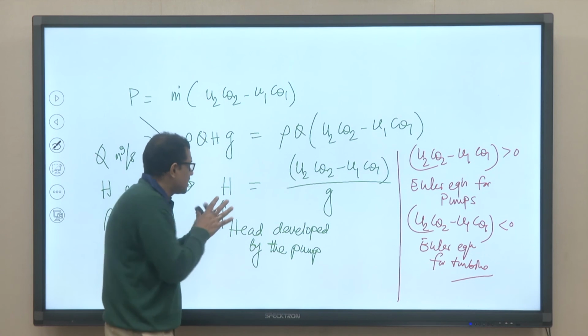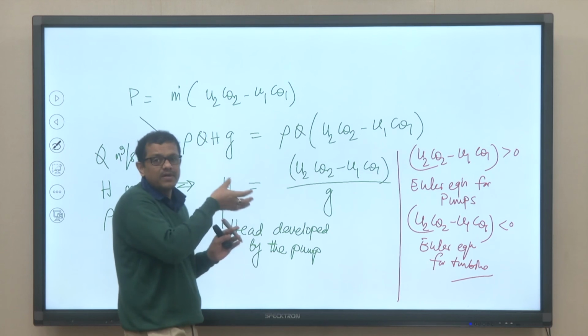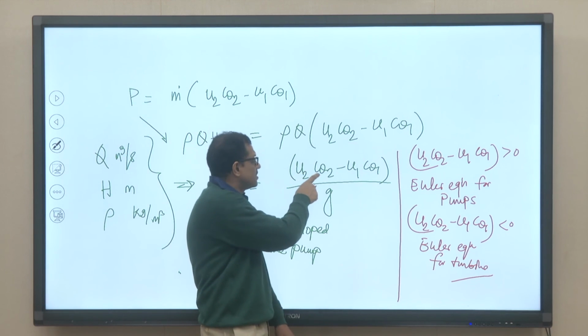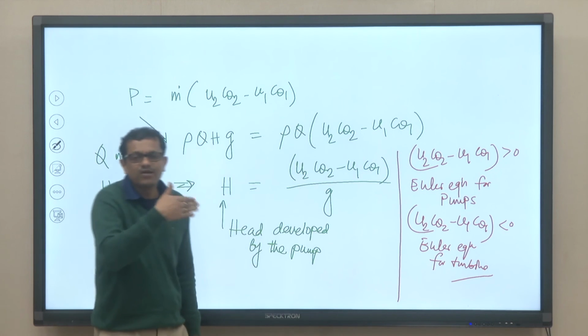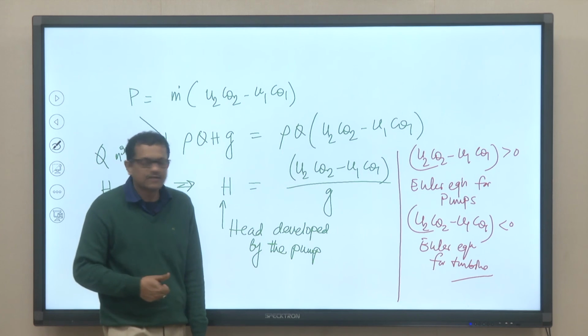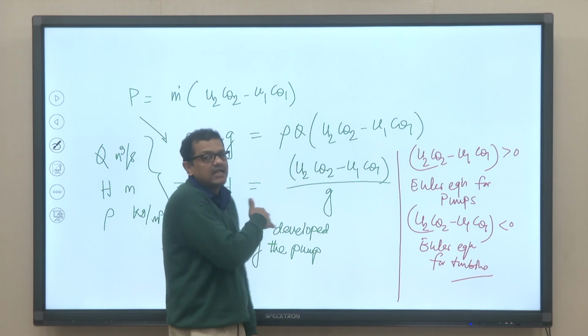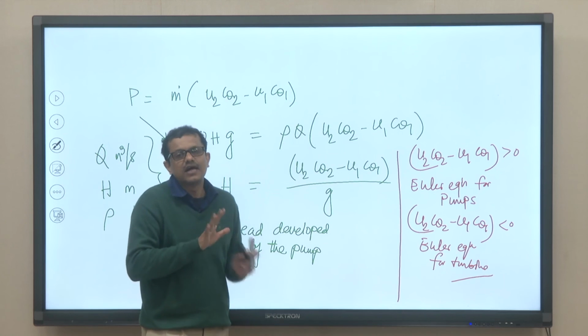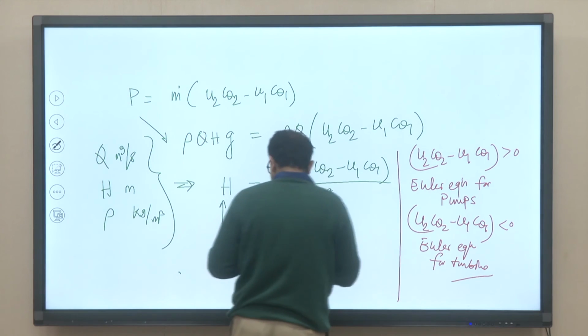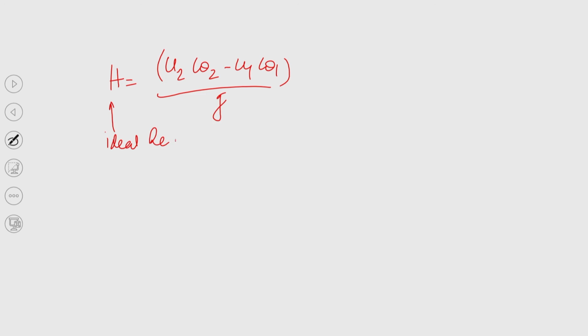So, if you consider that if I design the pump in such a way that the C theta will be this, C1 will be this, that means alpha 1 beta 1 and alpha 2 beta 2, if you tune this, eventually you will get this head, and this head you will not get it, because this is the ideal one. That means, if I go to the next slide, so that means this H is equal to u2 C theta 2 minus u1 C theta 1 by G, this is the ideal head, right, the ideal head.